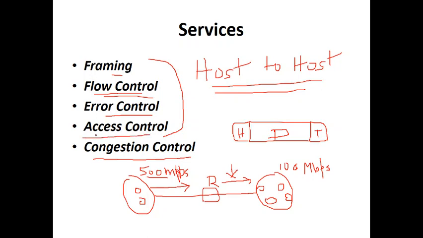This access control is needed whenever we have multi-point connections. It is not required whenever we have only a point-to-point connection. Only whenever we have a multi-point connection we require this access control. Again we will discuss more about what this access control is in the future classes. So just remember some points regarding all these services.